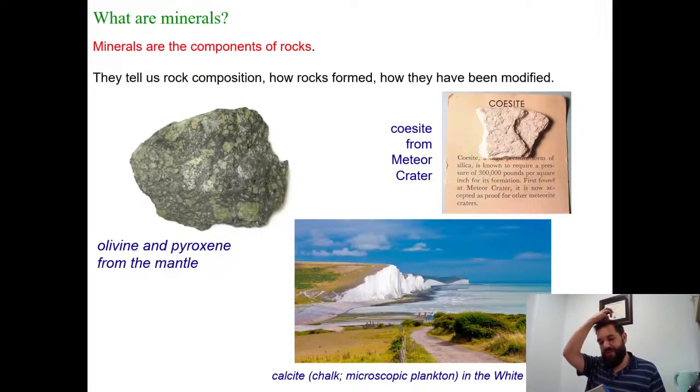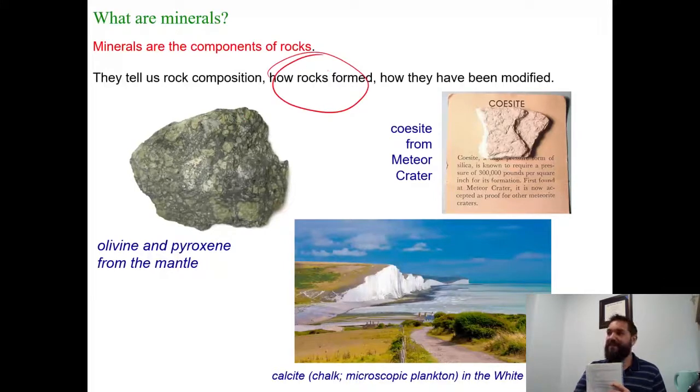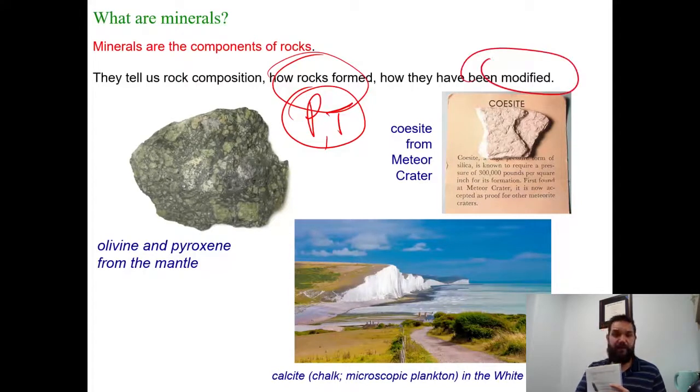So, minerals tell us so many things. They tell us the composition of the rocks. They tell us how the rocks formed. They tell us, for example, the pressure and the temperature conditions that they formed under. They can tell us whether the rock's been modified by metamorphism.